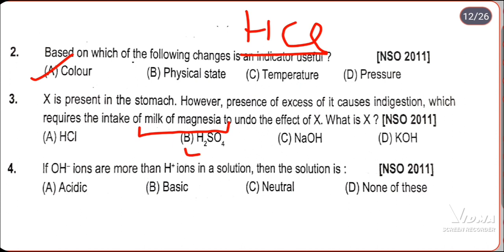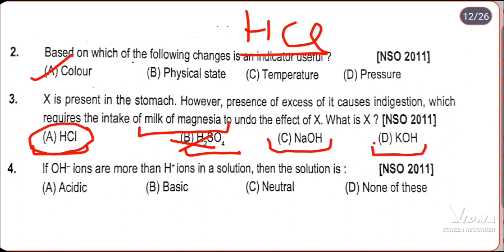H2SO4 is also acidic, and both H2SO4 and HCl are acidic in nature. NaOH and KOH are basic in nature, but H2SO4 is not present in our stomach. HCl is present in our stomach, and excess of it may cause indigestion. So we need to intake milk of magnesia to undo the effect of HCl.